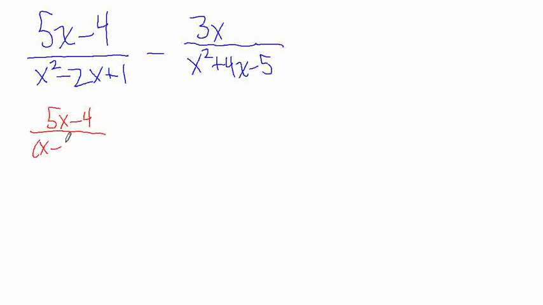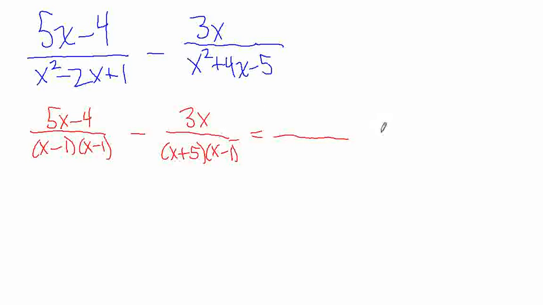x minus 1 times x minus 1. You can write it as x minus 1 squared if you like. The second denominator is x plus 5 times x minus 1. So the denominators are not the same. The least common denominator will be the first denominator multiplied by x plus 5. So the denominator I'm going to want both of them to have is x minus 1 squared times x plus 5.